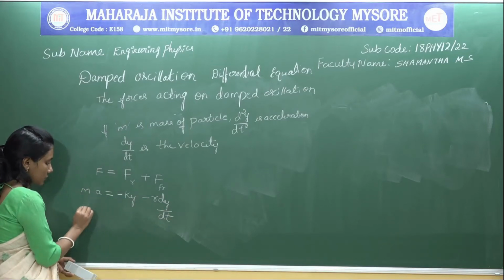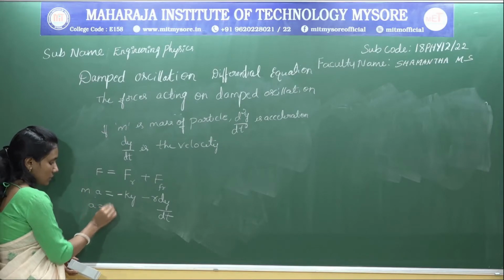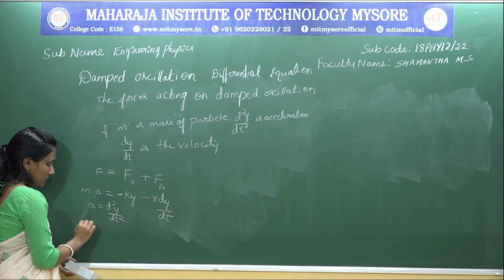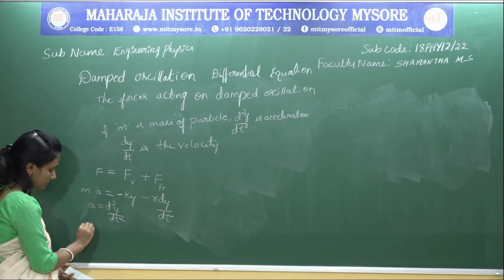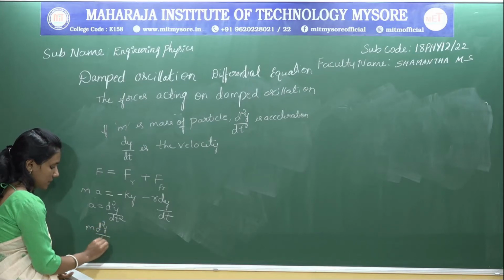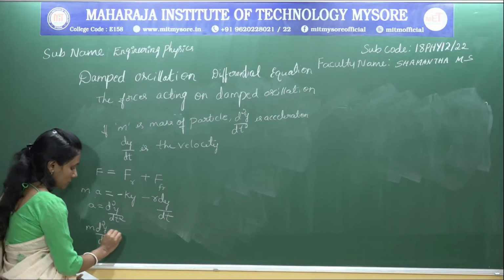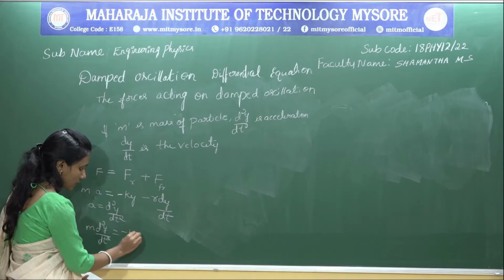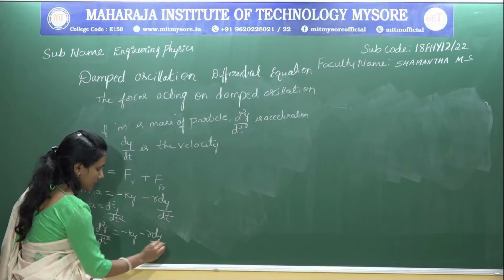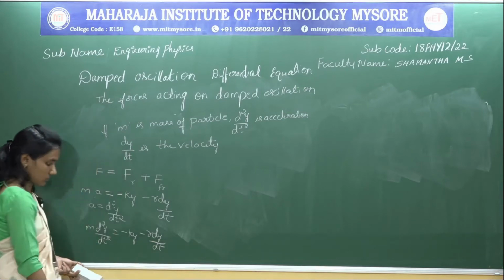So, this acceleration a is d square y by dt square. That is why we can write m into d square y by dt square is equal to minus ky minus r dy by dt. Okay.